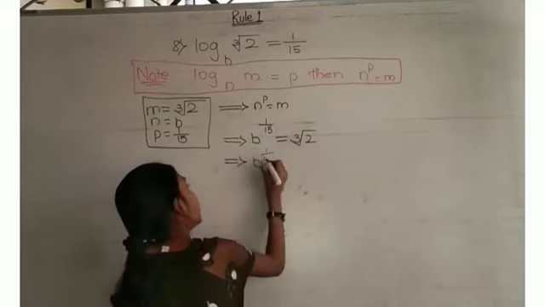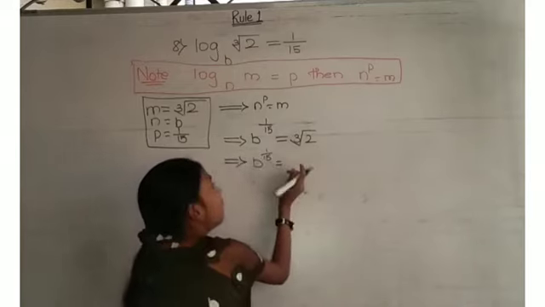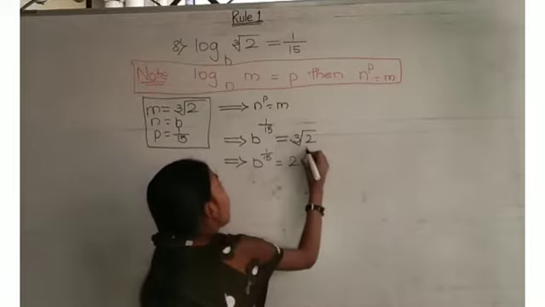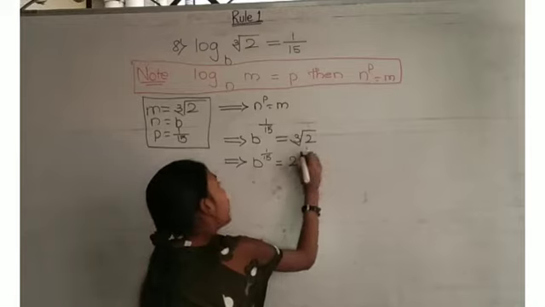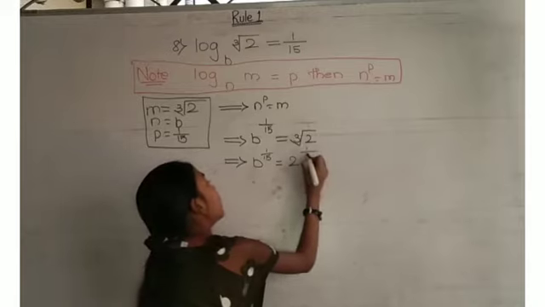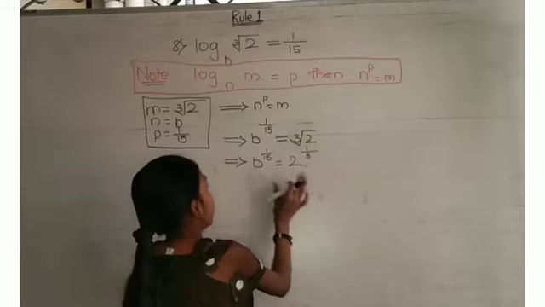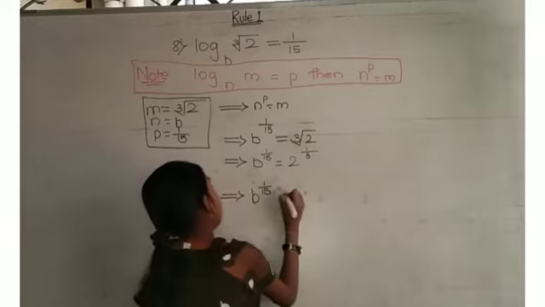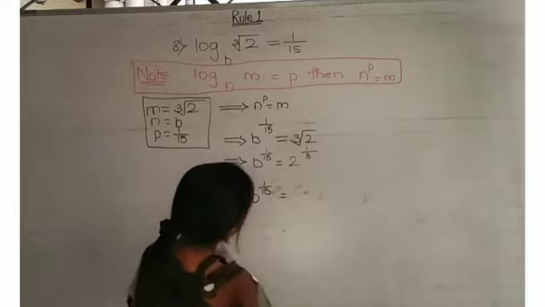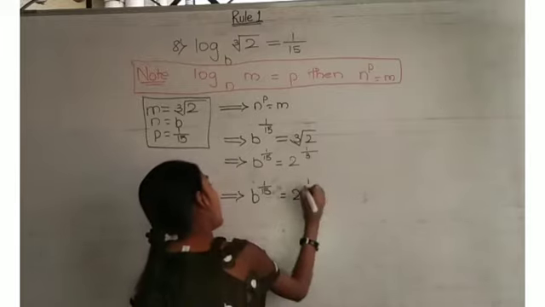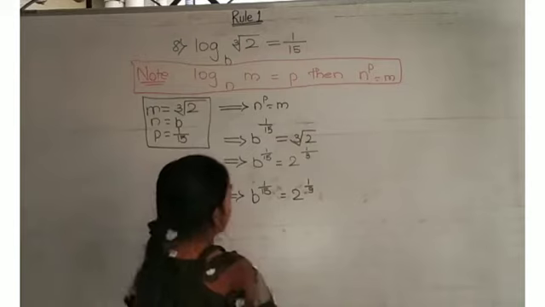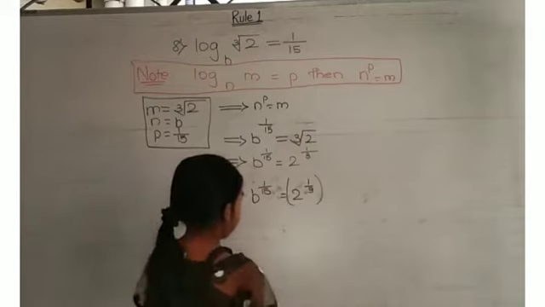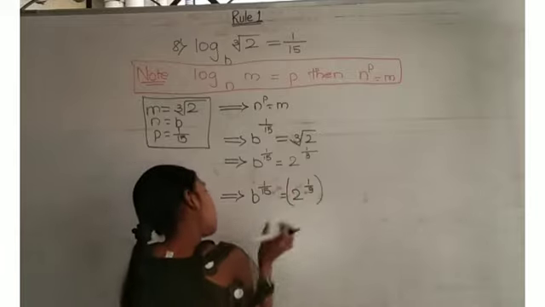This we can write as 2 raised to 1 upon 3. Like this we can write this. b raised to 1 upon 15 is equal to 2 raised to 1 upon 3, now the small bracket.